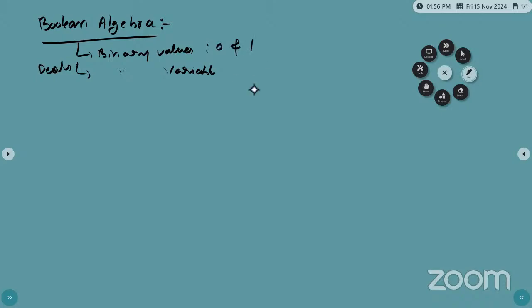The binary variables can be A, B, C, and so on, any English letter, and to each binary variable we assign either 0 or 1. Next, it also deals with logical operations. Boolean algebra deals with binary values, binary variables, and logical operations.